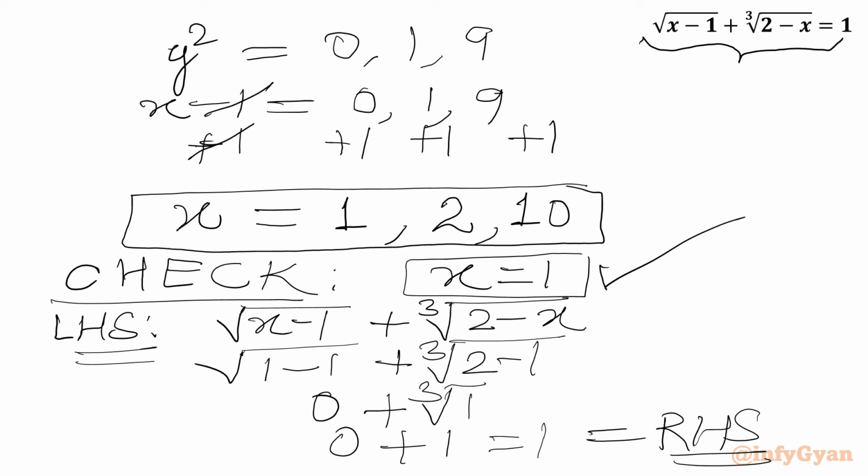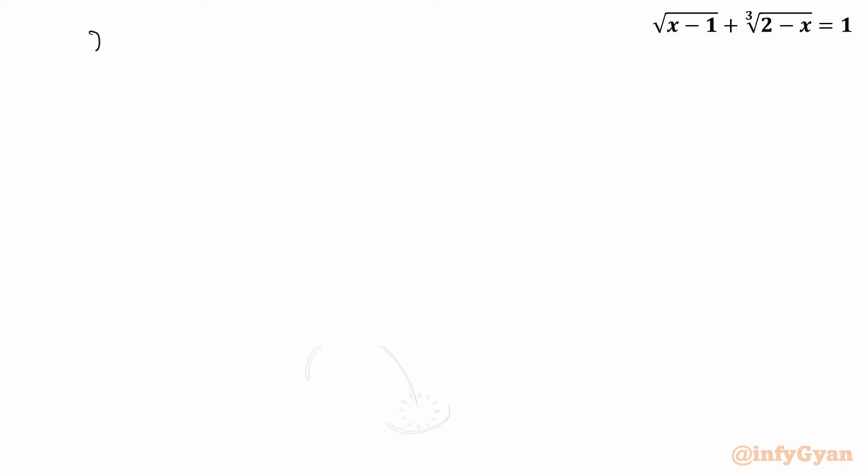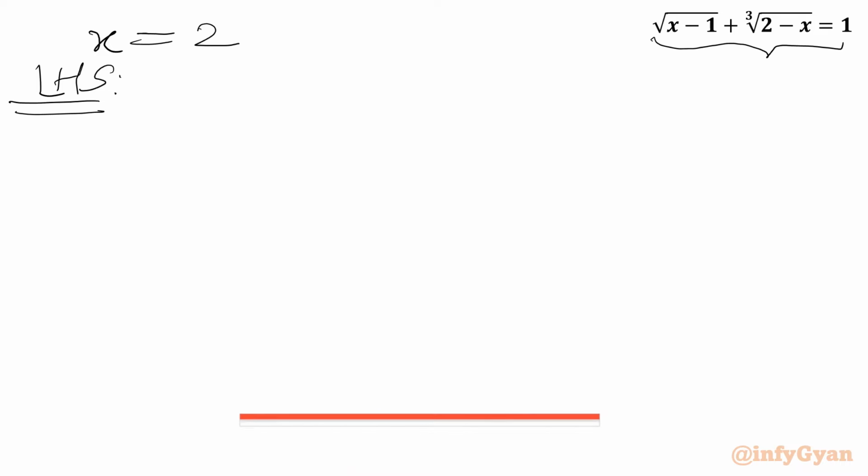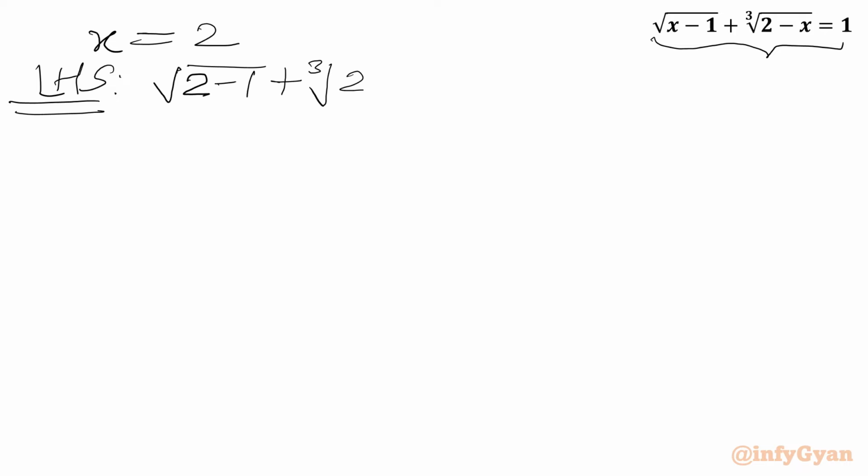Now we are going to verify x equal to 2. I will write here x equal to 2 and we'll begin with LHS. The equation is here. So we can write square root of 2 minus 1 plus cube root of 2 minus 2.